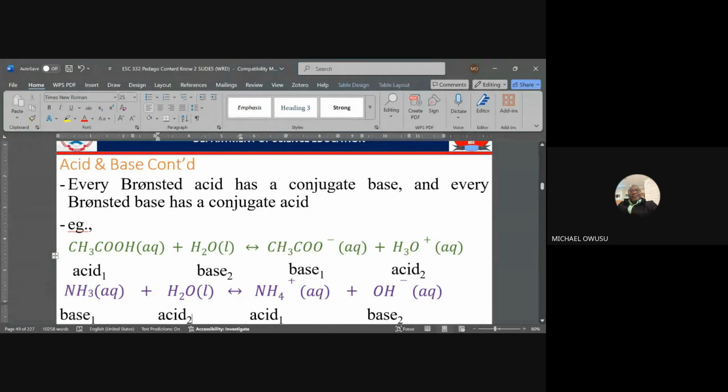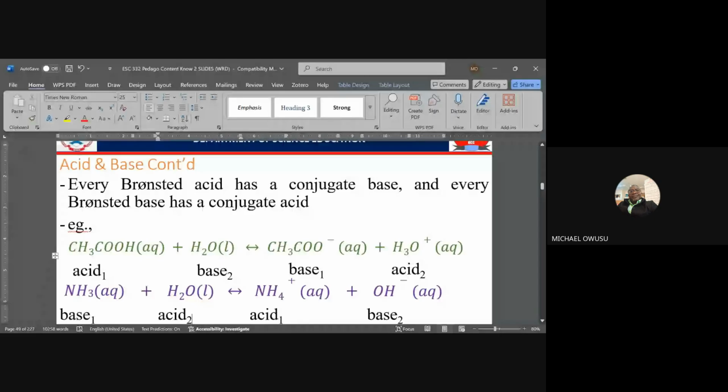So the acid 1 has a conjugate base. Well, in reverse, the base 1 is going to accept a hydrogen from the acid 2. So that is a Bronsted-Lowry base, proton acceptor. And then it will give us the acid 1.